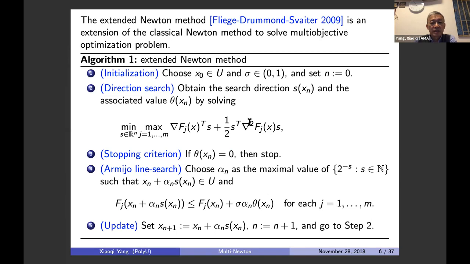We have twice differentiability, so we expand the objective function in the second order, then take the maximum of this approximation, and then minimize. In that way, we can find the search direction S.